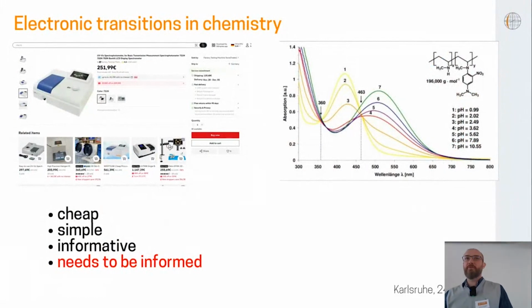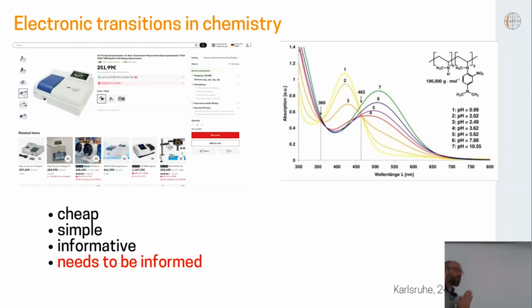That's what probably the cheapest spectrometer, which measures electronically excited states, so electronic transitions, looks like, and you see it costs 250 euros, 51.99. So you can easily buy it and measure something like what is shown here, electronic spectra.